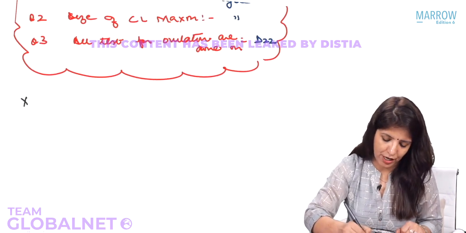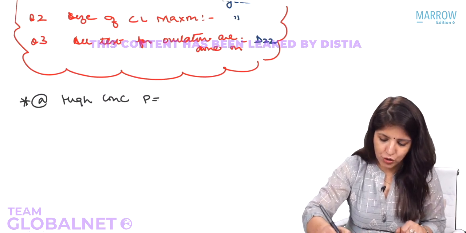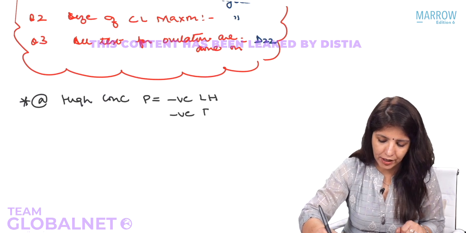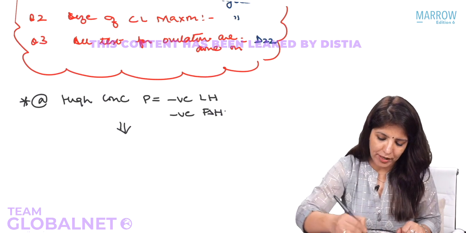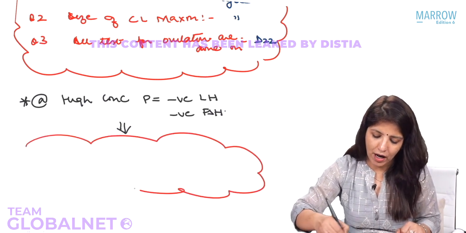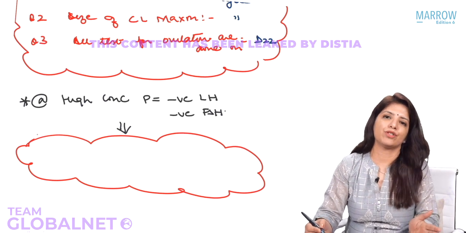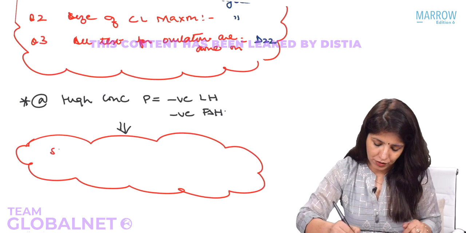We did just now that at high concentration, progesterone has a negative feedback on LH and a negative feedback on FSH. So if I ask you in a menstrual cycle, when are the levels of LH and FSH minimum? You are going to say they are minimum in the secretory phase, right?